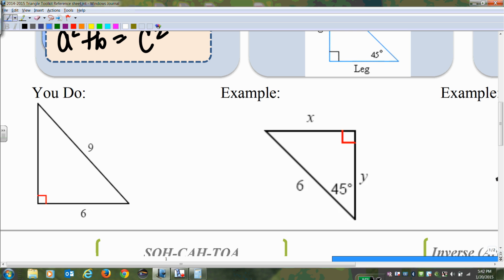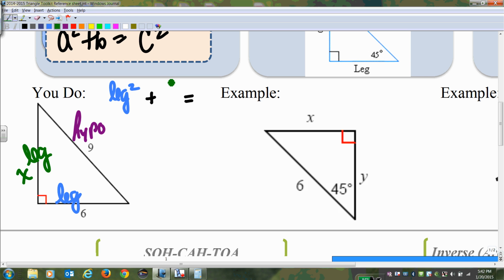One leg is 6, the other leg is unknown, and then here is your hypo. And we want to solve for the unknown leg. So first we write down our equation, which is leg squared plus leg squared equals hypo squared. Now we circle plug chug.